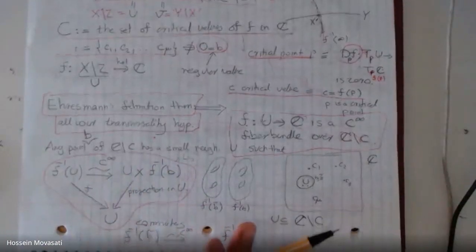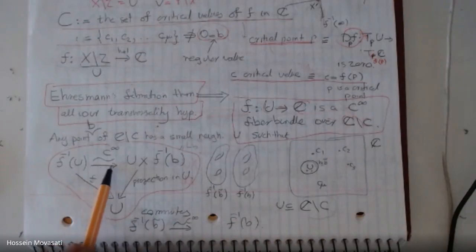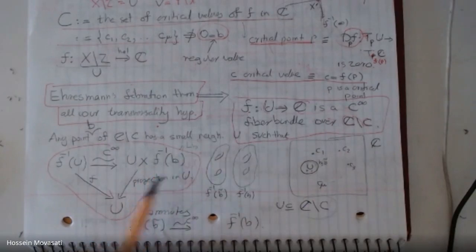So what is this diagram? We have f^{-1}(U). We must have a C infinity isomorphism between f^{-1}(U) and U times f^{-1}(b). From here to here we have the map f.